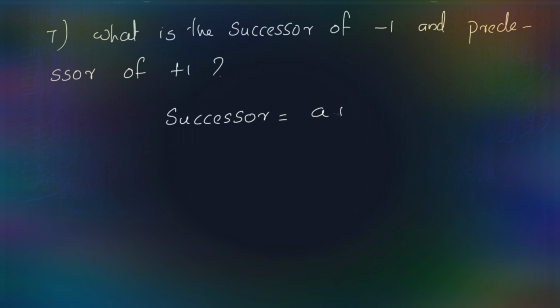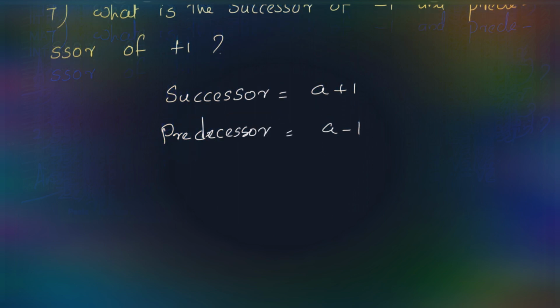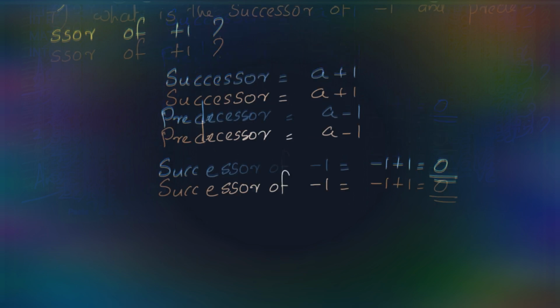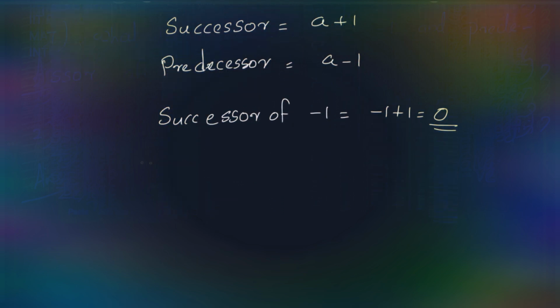So any integer plus 1 is the successor, and the predecessor is the number just before the given integer. Here -1 is given as the number. So the successor of -1 means -1 plus 1 equal to 0. Then the predecessor of +1.